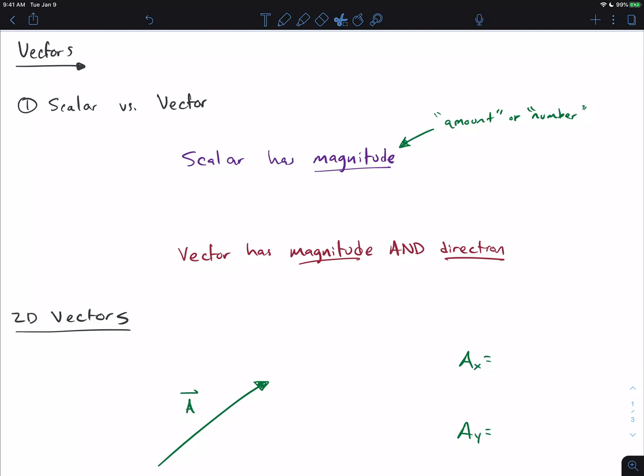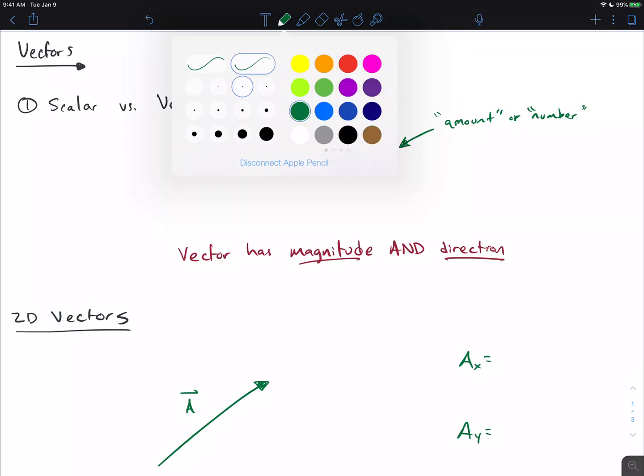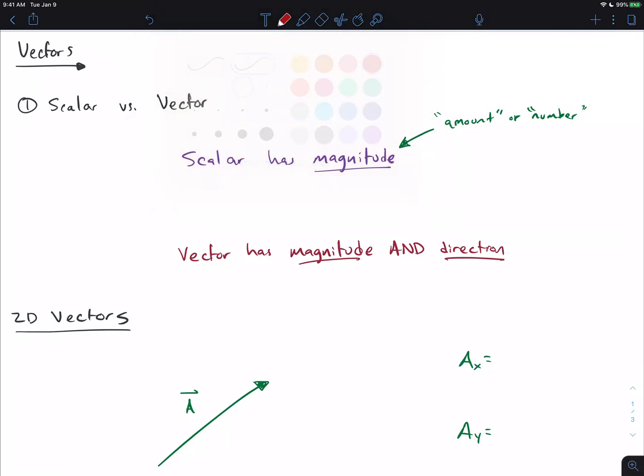For example, mass, right? When I talk about how much mass something has, all I need to know is the amount, right? So if I talk about the mass of a ball or a car or something, I can describe that just by giving you a number, and that's it.